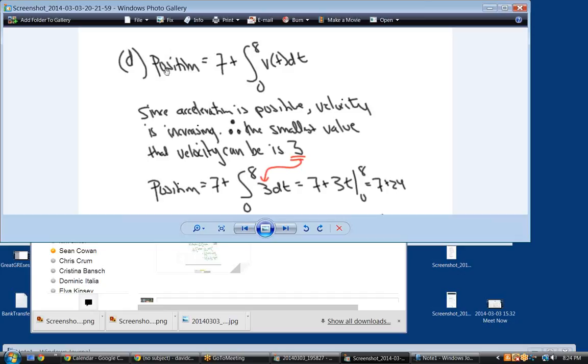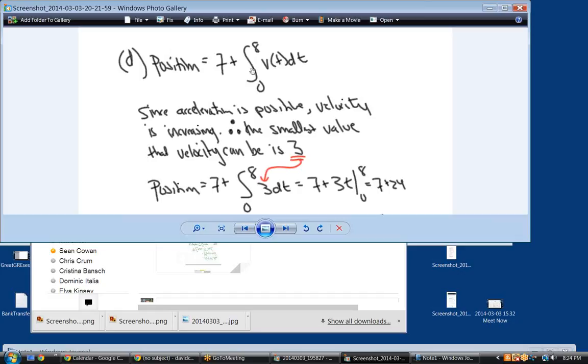Okay, so the position, she described it a little bit better than me. The position is equal to the starting position plus the displacement in the 0 to 8 seconds. And I say displacement because distance and displacement are different. Displacement is the change in the position.